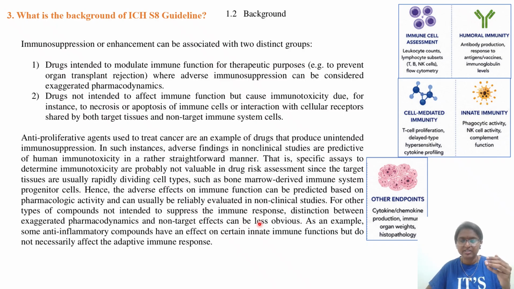There are certain drugs, for example, as I told you, an antihypertensive or anti-diabetic drug you're developing. The distinction between exaggerated pharmacodynamics and non-targeted effect can be less obvious. As an example, they have given in the ICH guideline, some anti-inflammatory compounds have an effect on certain innate immune functions but do not necessarily affect the adaptive immune response.